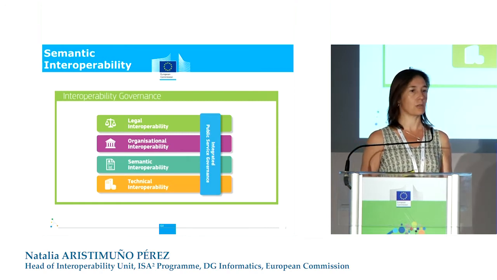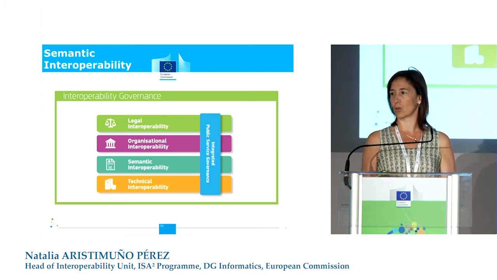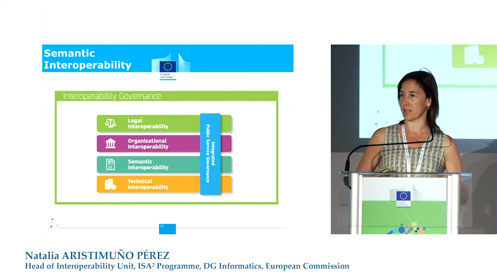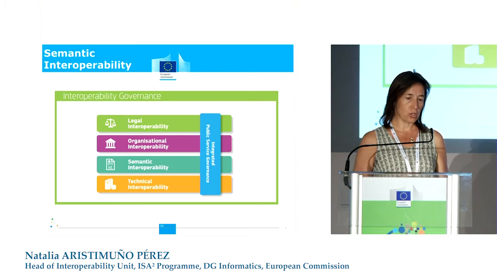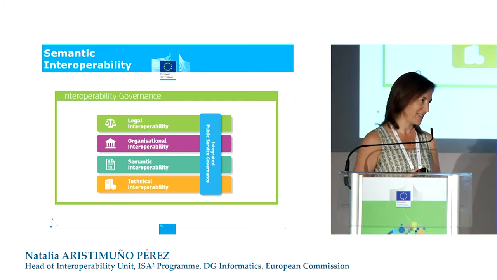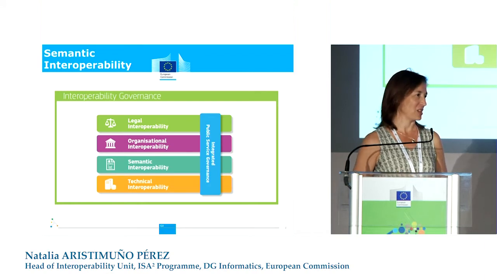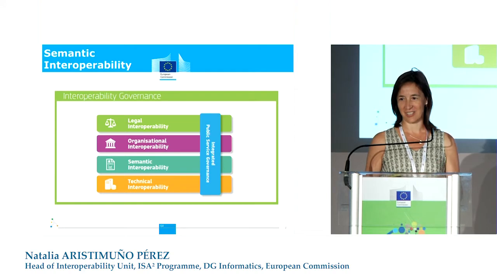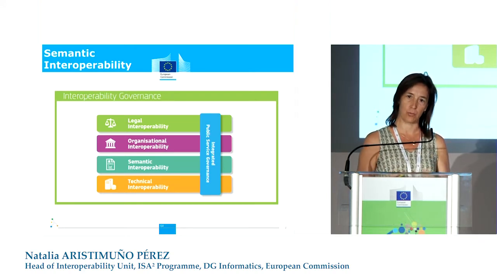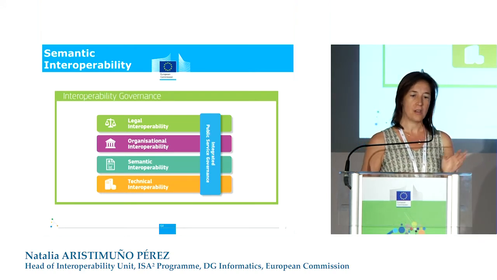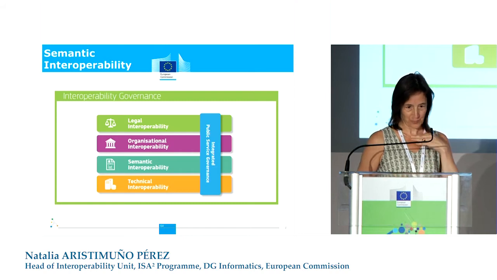It depends a lot on the context or the organizational size. Also, you have the multilingualism, which is a challenging aspect within Europe on semantic interoperability. So this is also something that we have to foster and work on in this context.